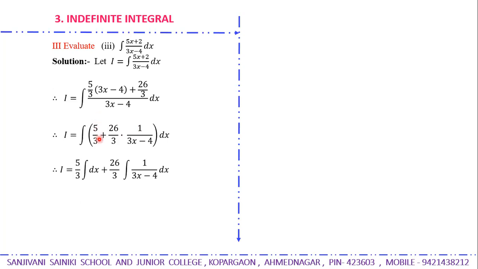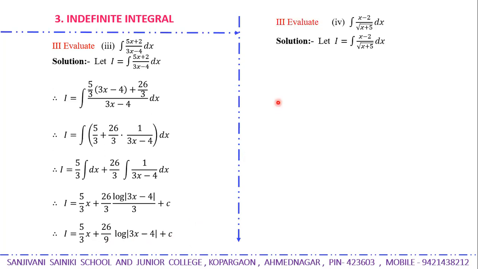So the integral of 5 upon 3 dx plus 26 upon 3 times the integral of 1 upon 3x minus 4. Here the integral is x and here the integral is log of modulus of 3x minus 4 upon 3. So simplify, you get 5 upon 3 x plus 26 upon 9 log of 3x minus 4 plus c.